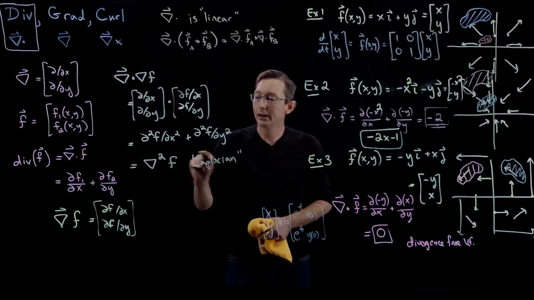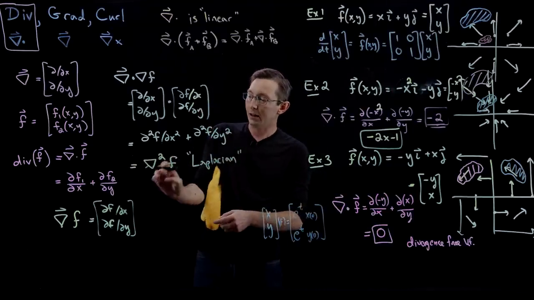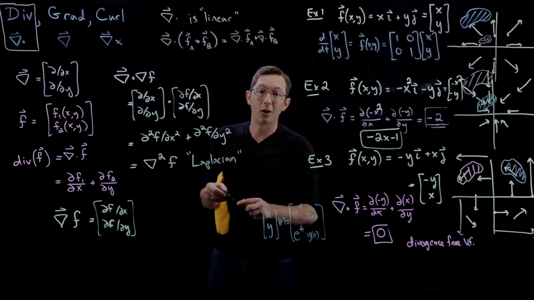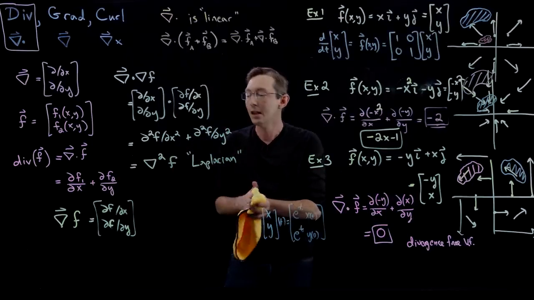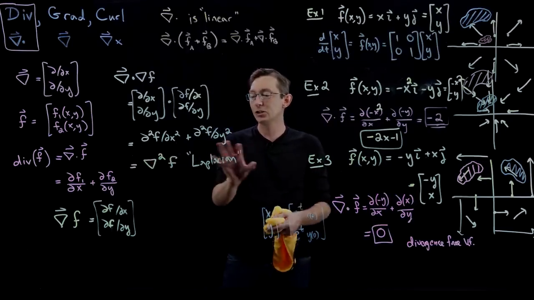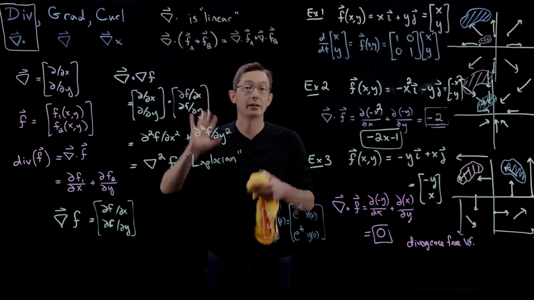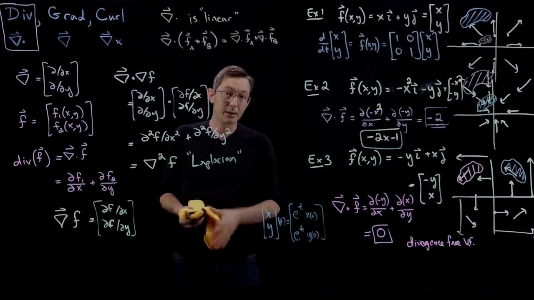And this is going to come up all over the place. This is one of the most important linear differential operators in all of physics. This is how we're going to study electrostatic potentials and incompressible irrotational fluid flows. I'll tell you all about later how to work partial differential equations using this operator.